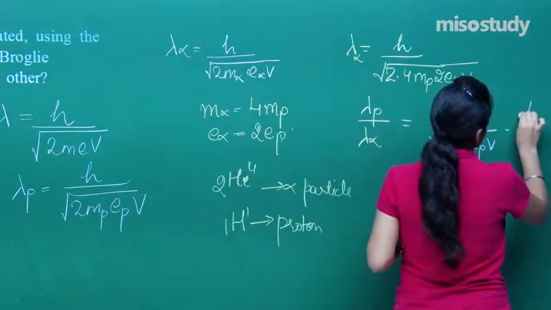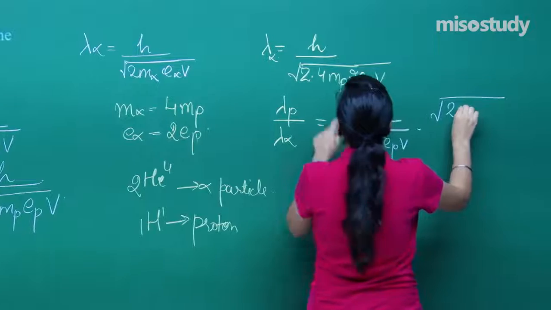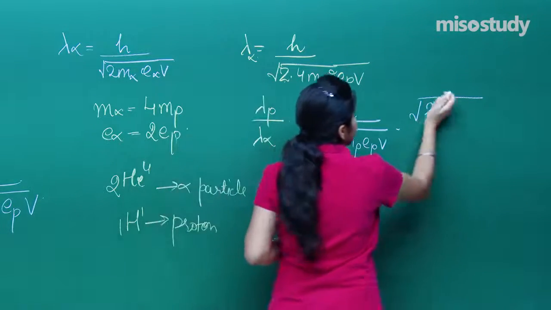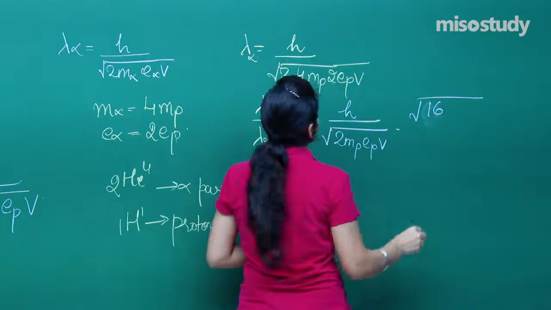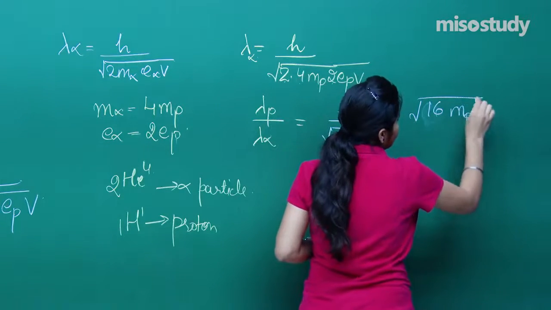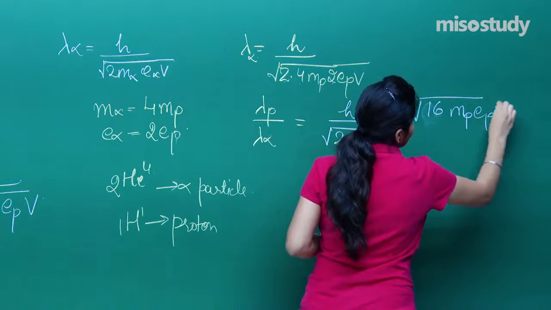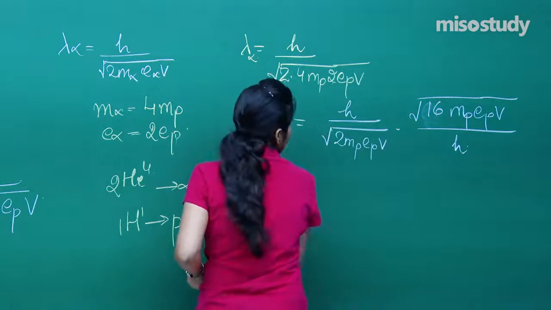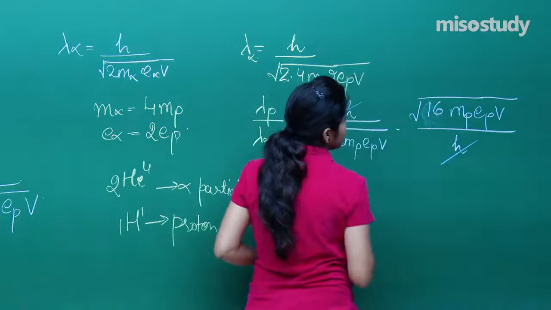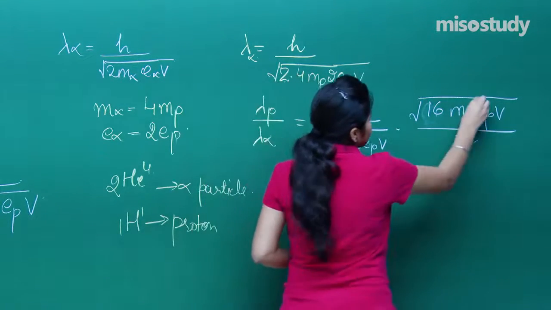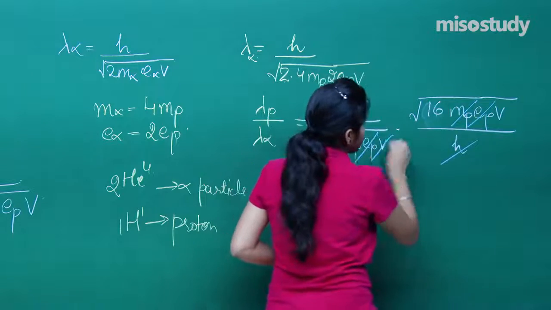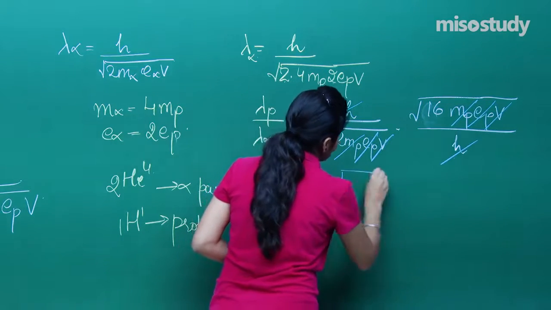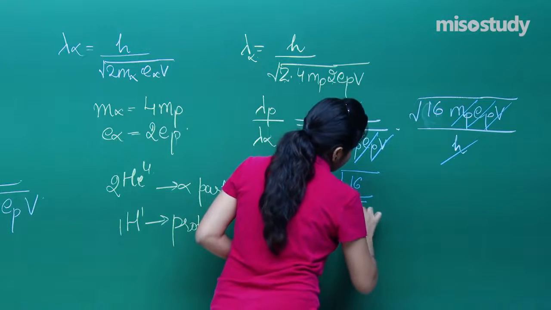So lambda alpha is under root 2. So let's multiply this, 4 into 8 is 16. So directly put 16 over here, 16 into mp into ep into V divided by h. So cancel out the common terms, h is cancelled, under root mp, under root ep, V, these will be cancelled. So we are having only under root 16 by under root 2.